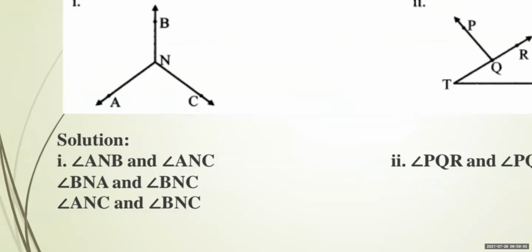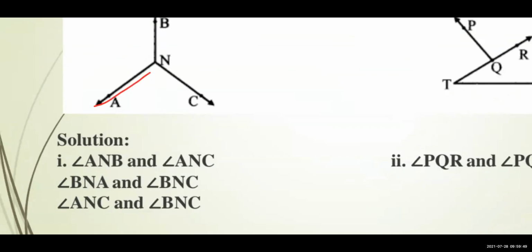So here first, what are the pairs here? Angle A and B. You can see here A and B and angle A and C. A and C. This is our first pair. How will you identify? Because A and B and A and C. See, AN is your common arm.